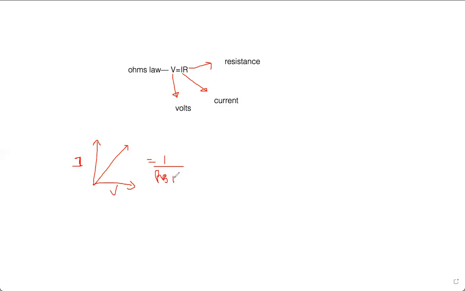So that's how you get the quantity resistance, because you find the slope and invert it. Actually, this is how resistance was found out. It was an experiment, so it's an experimental quantity.